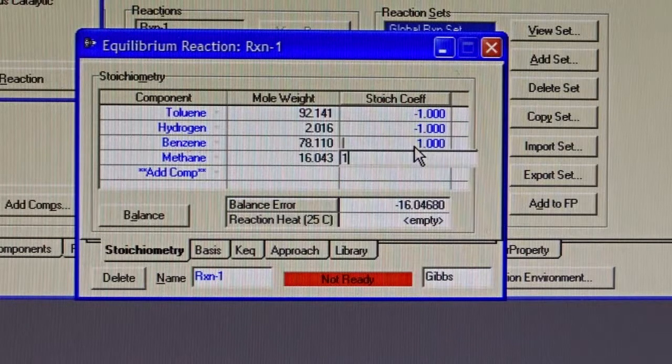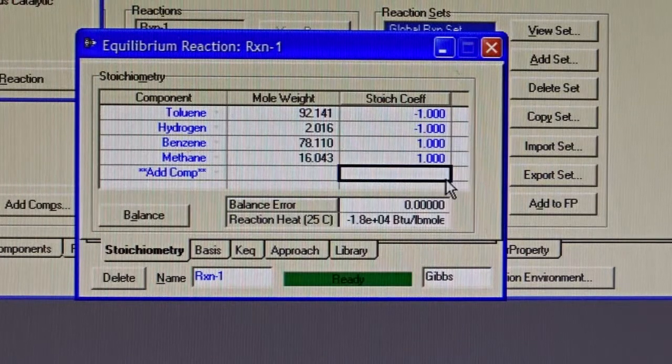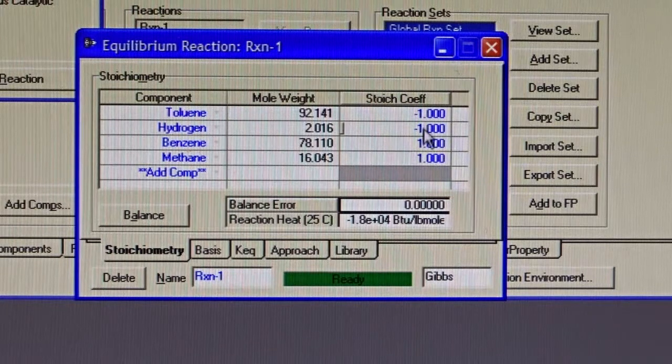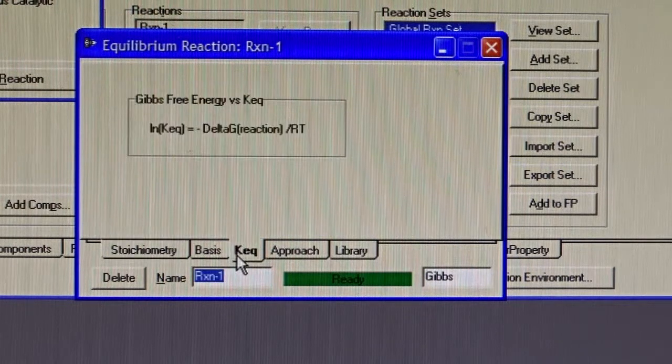While benzene and methane are products, they are +1 and +1. Notice, if your equation is correct, your balance error here should be 0. HYSYS will never give you this green traffic sign unless your equation is balanced. If it's not balanced, it's not going to work in general.